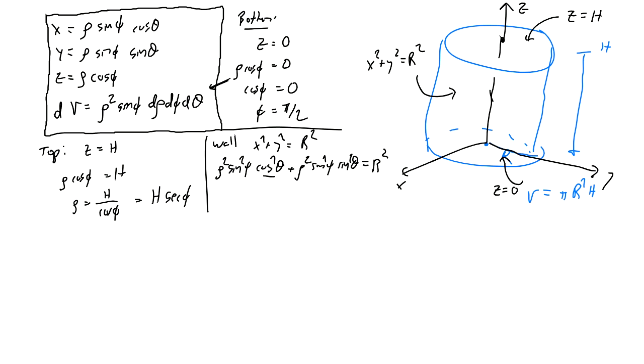Since sine squared plus cosine squared is 1, we get rho squared sine squared phi equals r squared. So rho sine phi is r. So if I divide both sides by sine phi, rho is r over sine phi, which is r cosecant phi. All right.